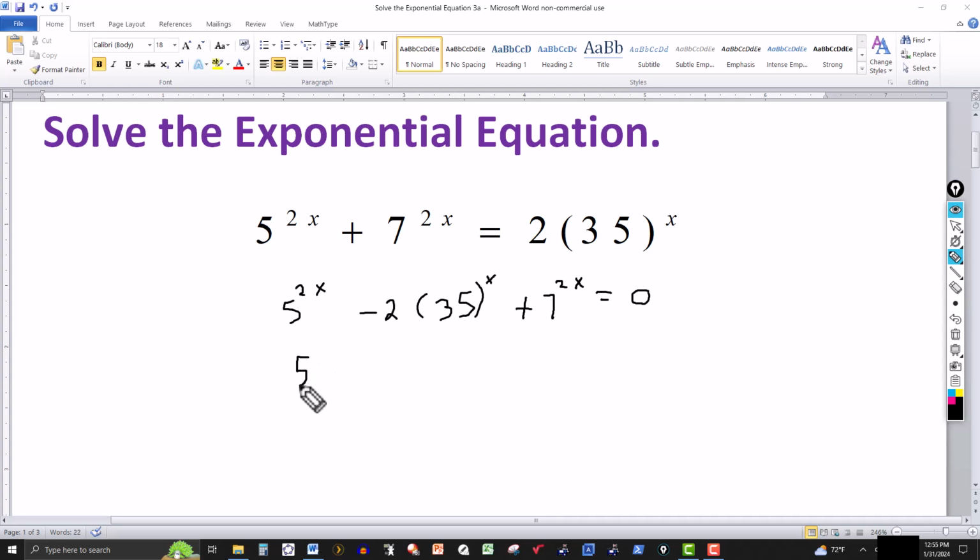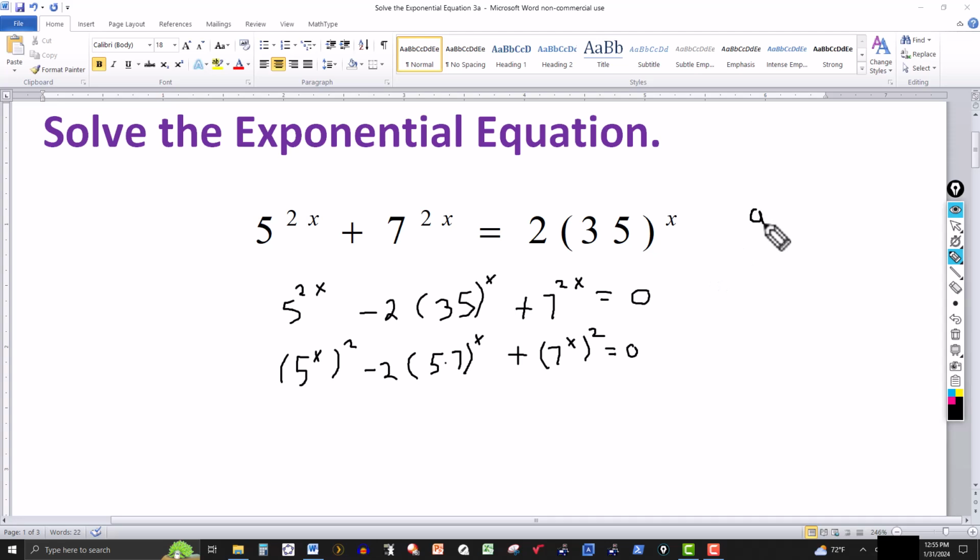I can write this first term, 5 to the x, quantity squared. The 35, I can write it as 5 times 7, that's still to the x power. And then plus 7 to the x quantity squared is equal to 0.